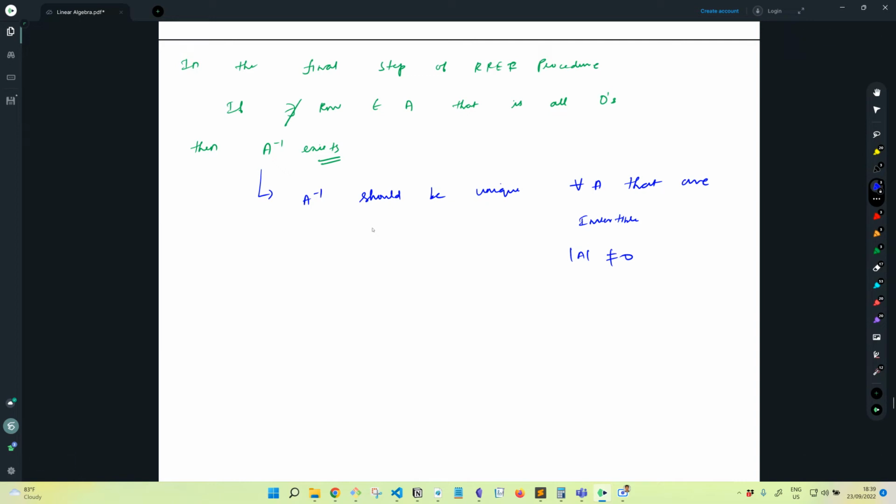For any A such that determinant of A is not equal to zero, A inverse should be unique. Now, what does that mean? We know that the solution is x equals A inverse B, and B is given in the data, and we know that A inverse is unique. Now, can you comment on the nature of x?